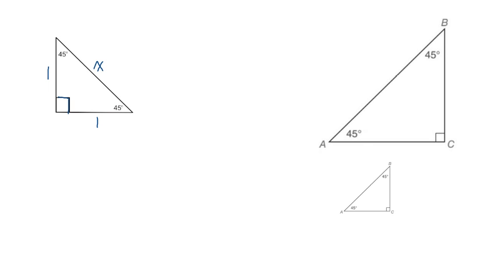By the Pythagorean theorem, leg squared plus leg squared equals hypotenuse squared. 1 squared is 1. 1 plus 1 is 2. If x squared is 2, then x equals the square root of 2.